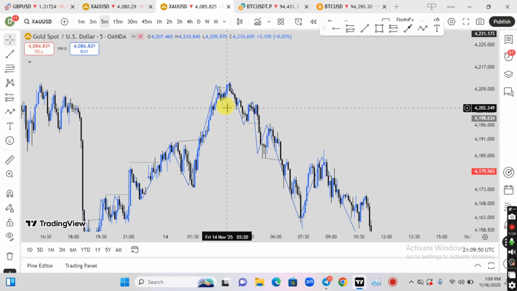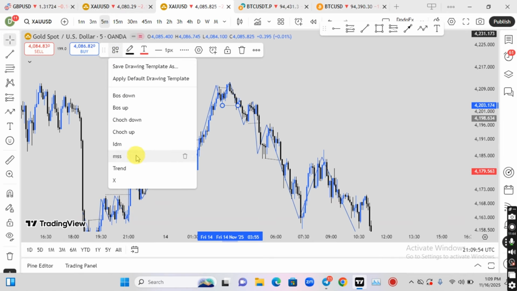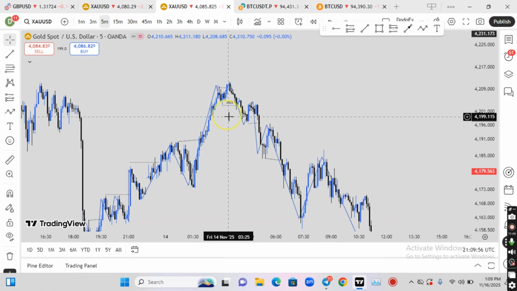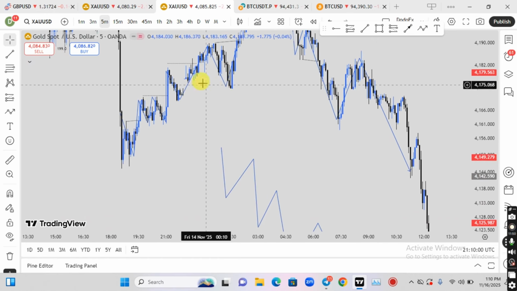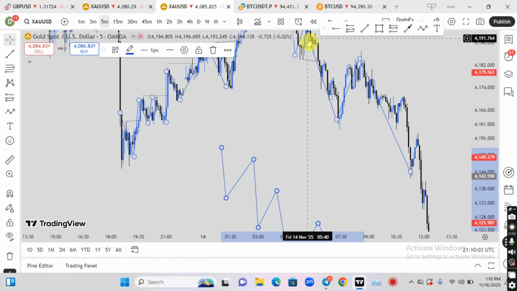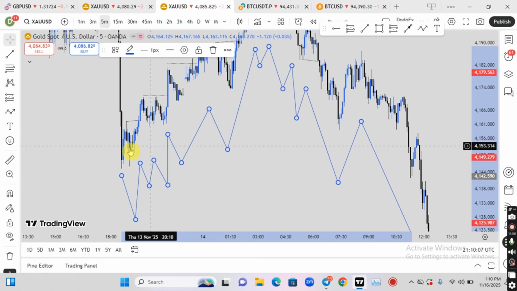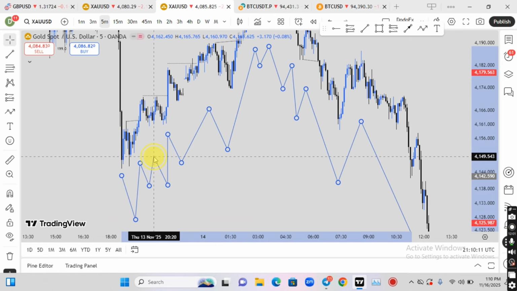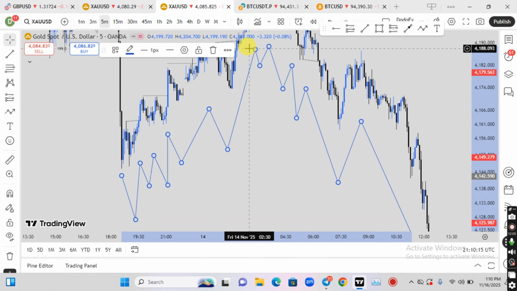It gives us a market structure shift from this zone here, and in this zone here. If I pick this line up that I drew, you notice the market has been giving us break of structure here, break of structure here, break of structure here, break of structure here, break of structure here, break of structure here.